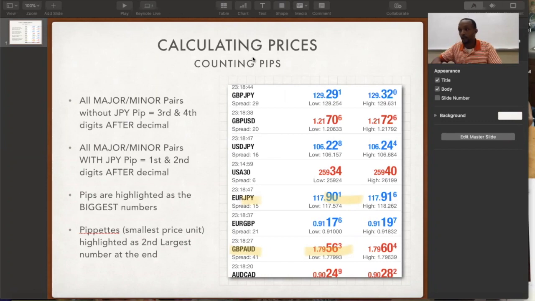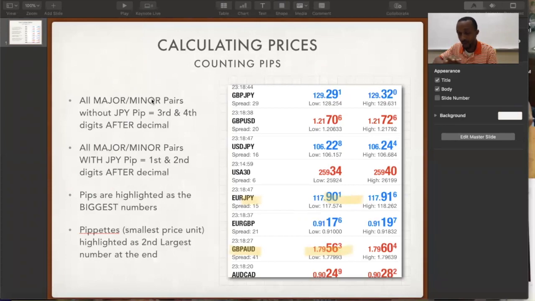How you want to calculate the price is going to depend on what kind of pair you're trading. Today, we're only talking about trading major and minor pairs. So that's anything to do with GBP, JPY, USD, AUD, CHF, CAD, all of your minor and major pairs.